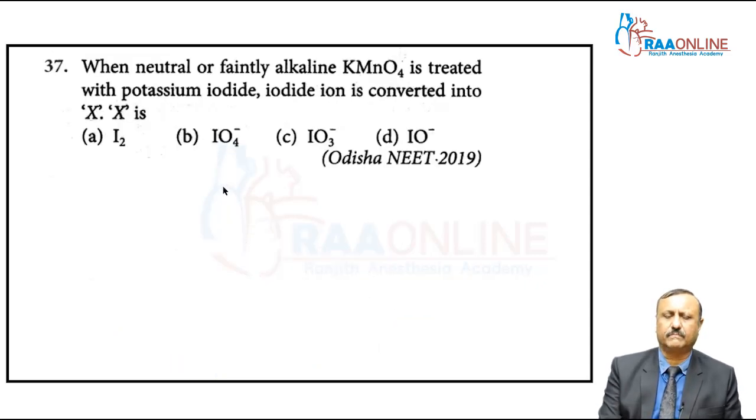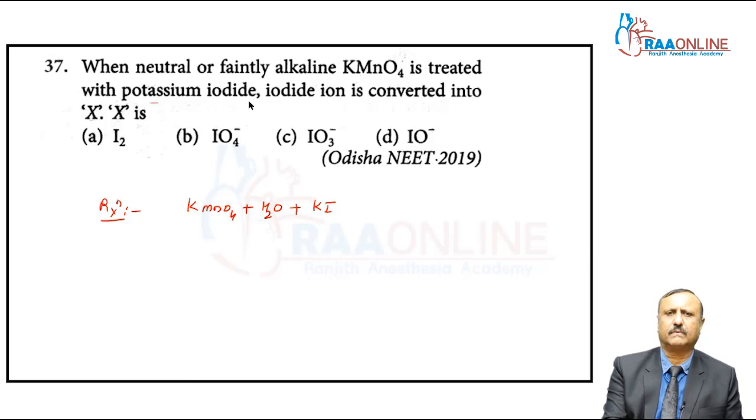Now, my dear students, we can see question number 37. When neutral or faintly alkaline KMnO4 is treated with potassium iodide, iodide ion is converted to X. What is X? Here you can see the reaction. When KMnO4 reacts with alkaline or neutral medium, meaning water, H2O plus KI, and KI is called potassium iodide.